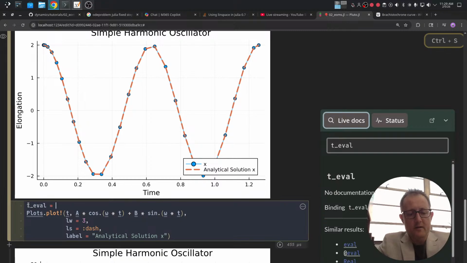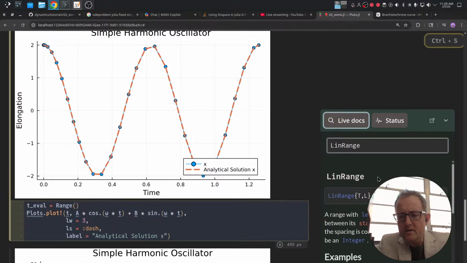if we call it, I think range, lin range, is that right?